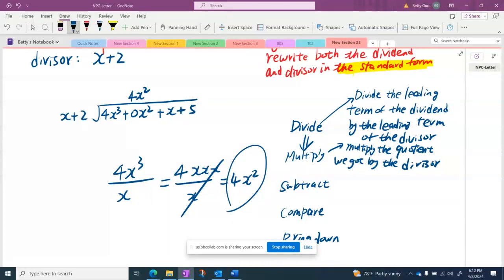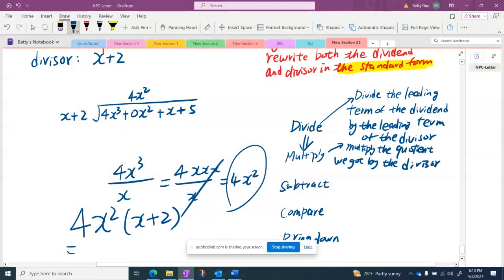So multiply the quotient we just got. What's the quotient we just got? The quotient we just got is 4x squared. And then we are going to multiply that by the divisor. The divisor is x plus 2. A monomial multiplied by a binomial. Let's distribute. 4x squared times x, 4x cubed. 4x squared times 2, 4 times 2 is 8, 8x squared. And we got the multiplication, 4x cubed plus 8x squared.